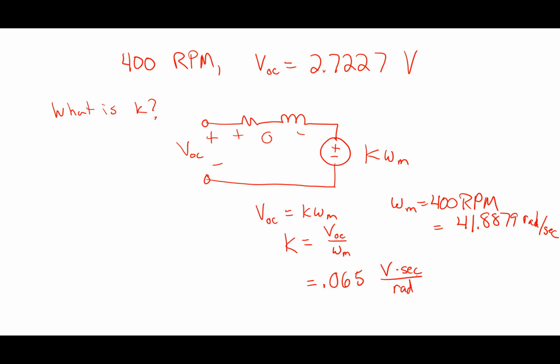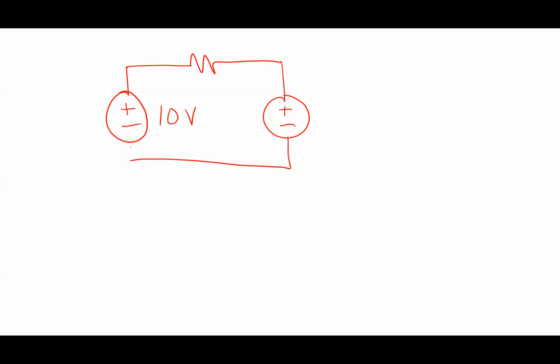Now, the next thing I did was I hooked this thing up into a circuit and I used it to do something. So I had basically a 10 volt source, so I got 10 volts hooked up to the machine. I measured this condition right here. So here's RA like that. I'm assuming LA is approximately 0.